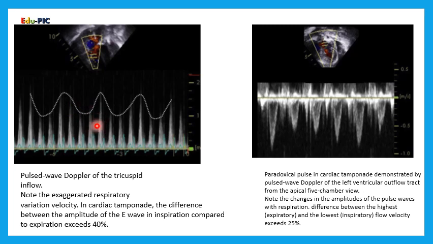If the variation is exceeding 40% between the highest and the lowest wave, that means the patient is in cardiac tamponade. And with the same concept, you are doing this in the LVOT, in the five-chamber view. That's why we need to know how to get the five-chamber view. And if there is any respiratory variation between the highest and the lowest peak exceeding 25%, this is also a sign of cardiac tamponade.